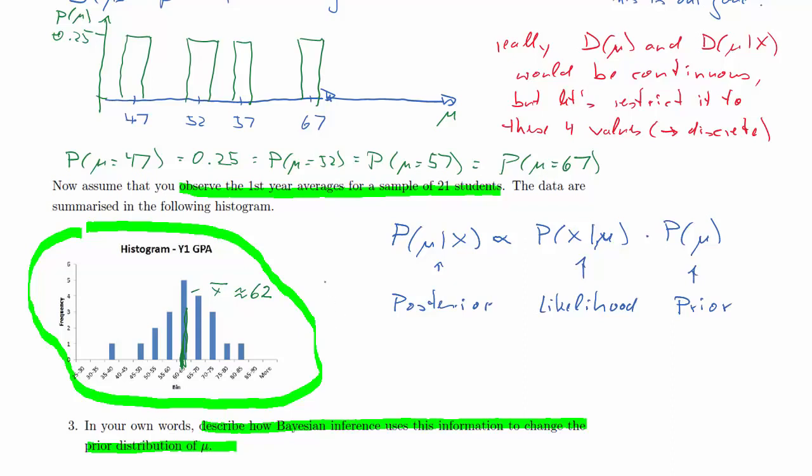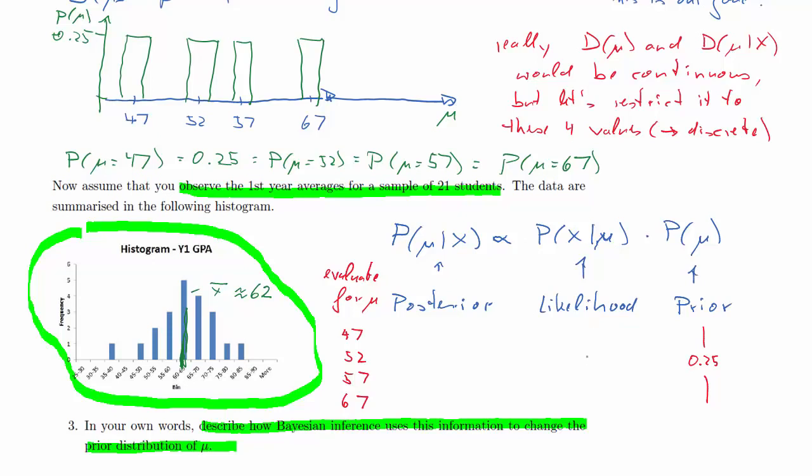Now, given we have a discrete distribution with four possible values for mu only, we'll have to evaluate this at four possible values only. Now that's convenient. Really, you should evaluate it at an infinite number of possible values. So we said previously the prior for each of them is 0.25.